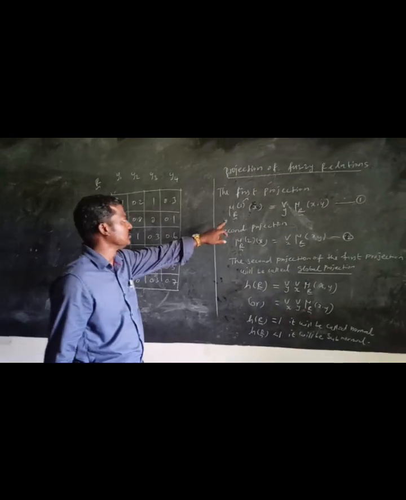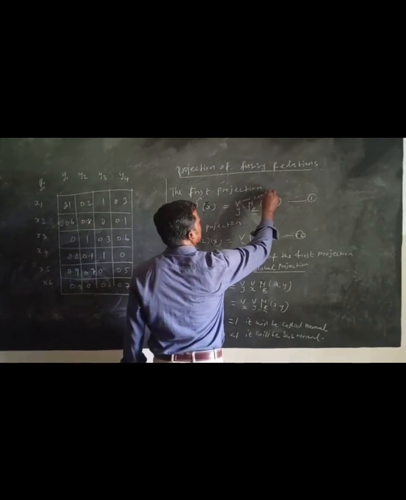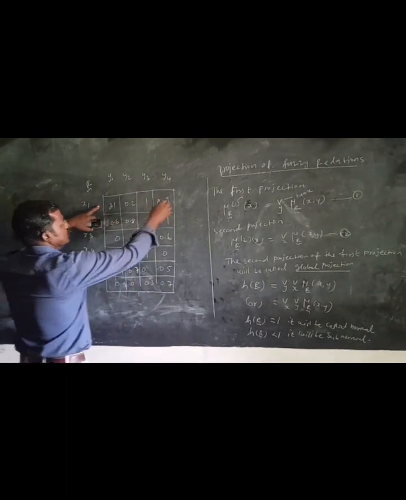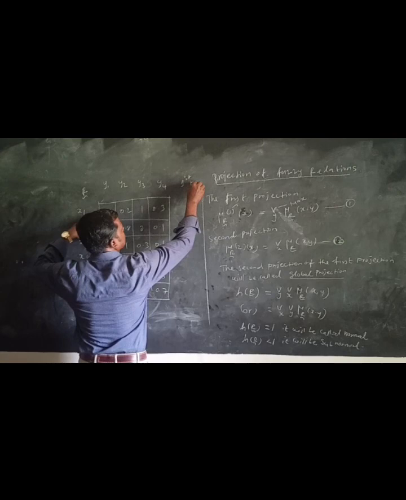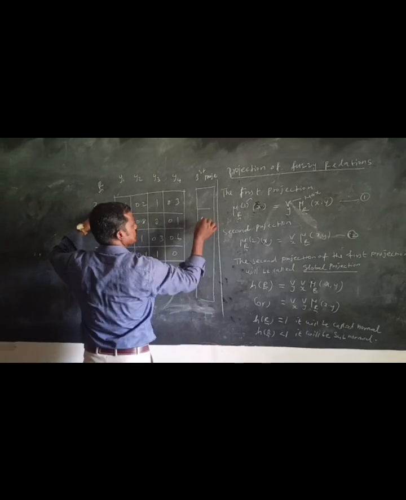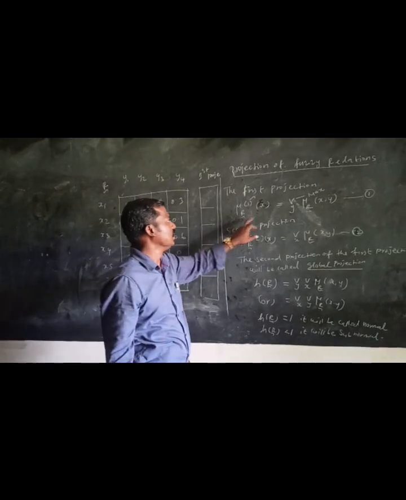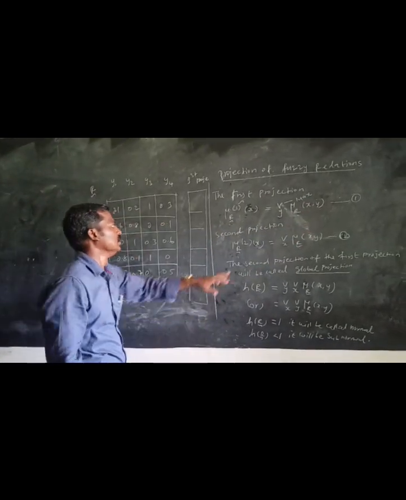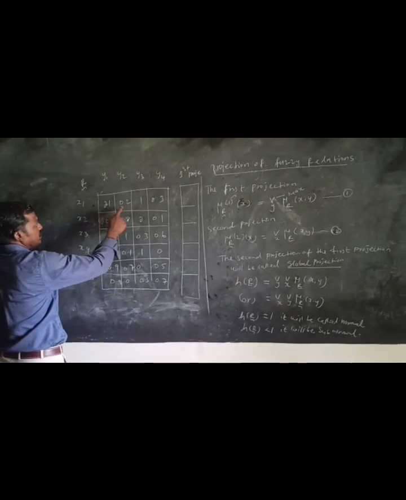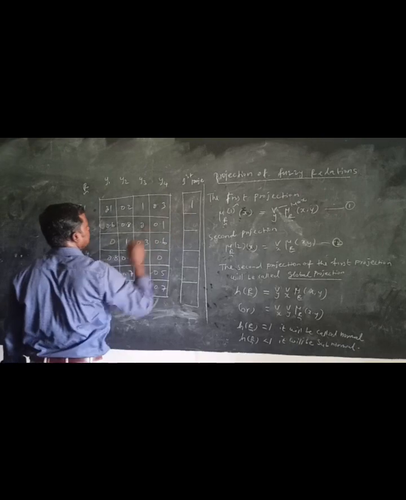Now the first projection definition: μ_R(x) equals union over y, where union means maximum, of μ_R(x, y). Now the first projection of the relation R is the maximum of μ_R(x, y) for each x. The maximum of 0.1, 0.2, 1 and 0.3 is 1.